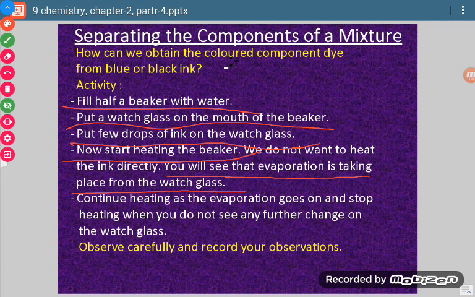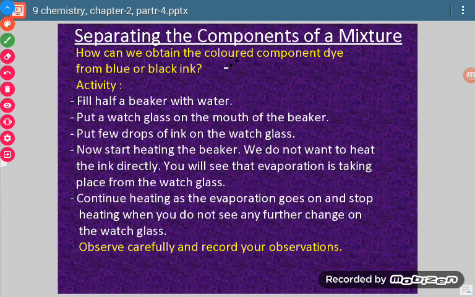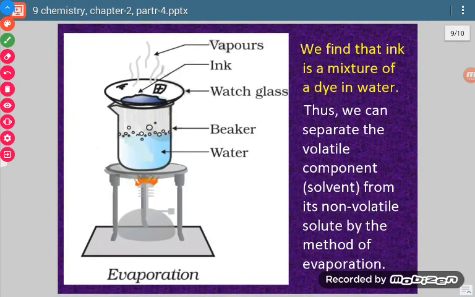Now we will continue heating, because as the evaporation goes on and when we are able to see that there is something which sticks to the watch glass, then it means all of the volatile component has gone into vapors. At that time we will observe the whole experiment, and then what will our findings be?